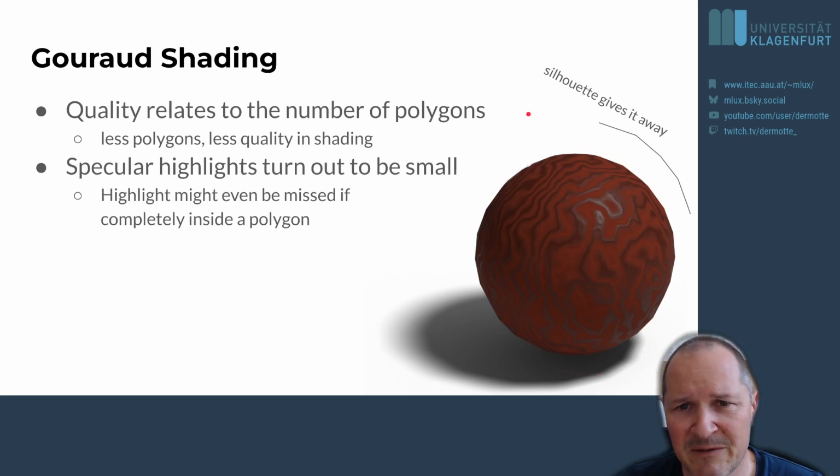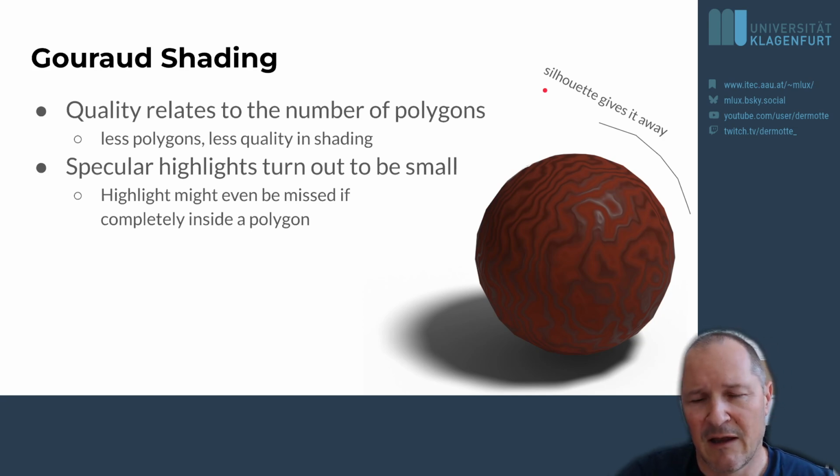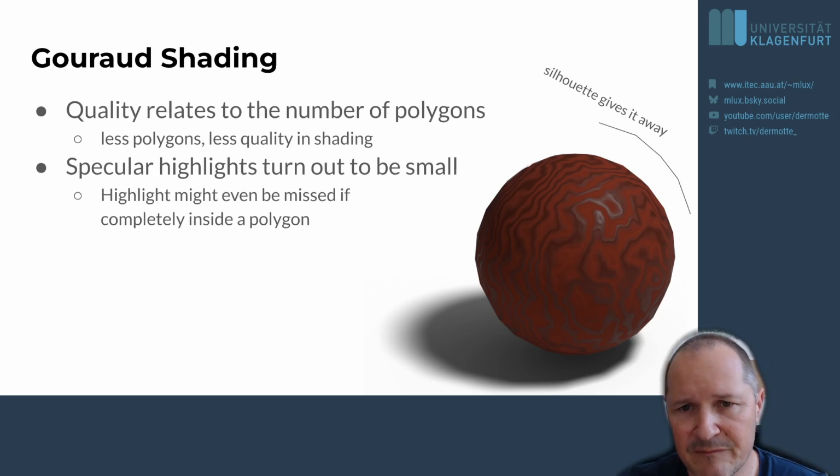While I can apply a material that looks interesting, like here polished wood with two different ways of roughness and specular characteristics, we still have this rough silhouette.